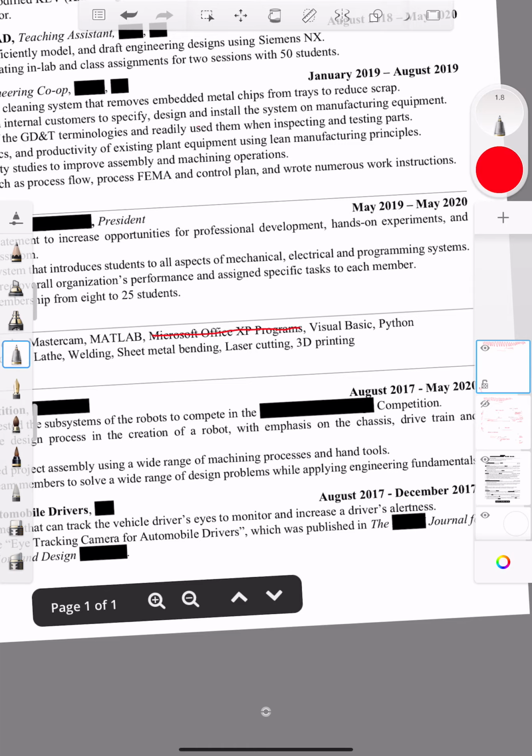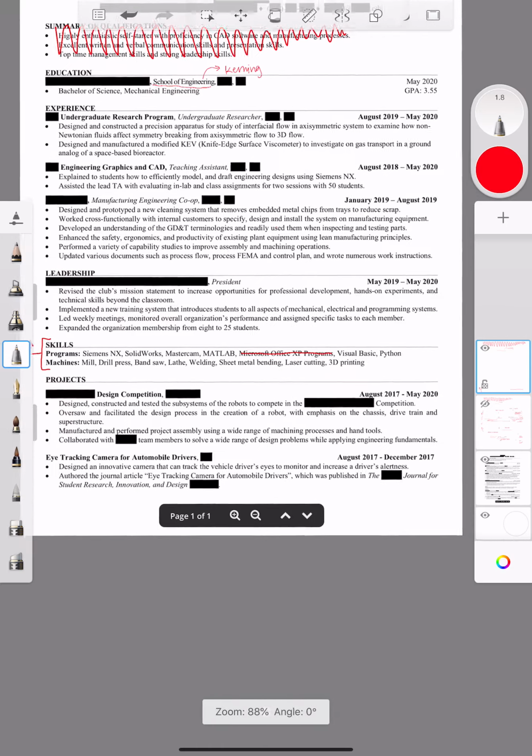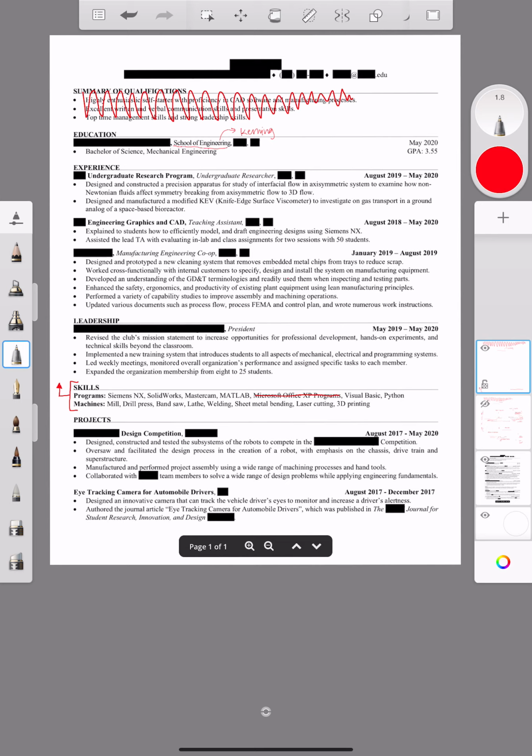Pretty controversial for whatever reason, but if you graduate from college, you have to be able to know how to use Word and Excel. It's just a given. So I think adding Microsoft Office is just filler, and it's kind of useless. Some people would say that they want it to catch the Microsoft Office if there's like a filter on my resume.